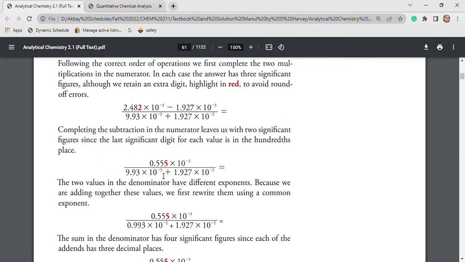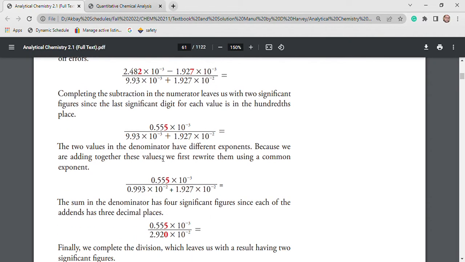But if you look at here, after we take care of it, because the exponents are the same, 10 to the negative 3, the denominator, the numerator, then we do the math. So you come up with 0.555 times 10 to the negative 3, and we can convert this bottom number. We can do it either way, 10 to the negative 3 or 10 to the negative 2. If you want to make it 10 to the negative 3, we will have to move this decimal point to the right.